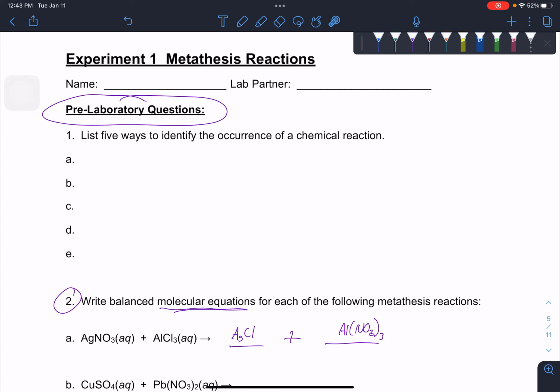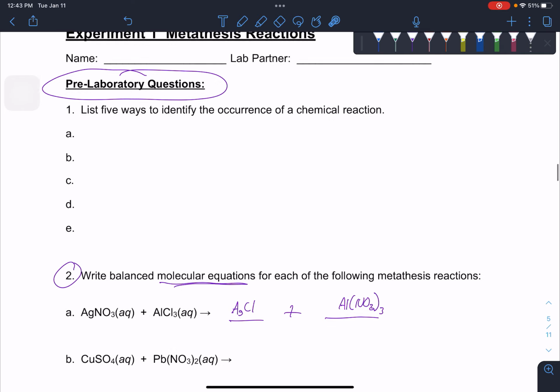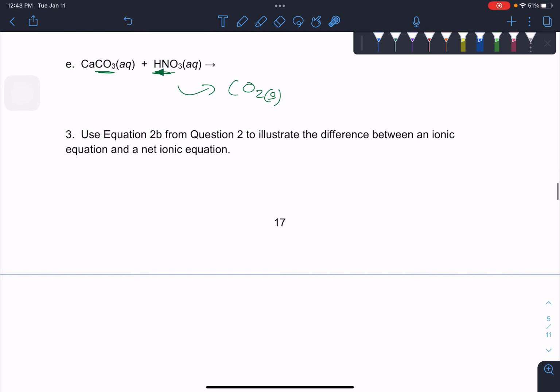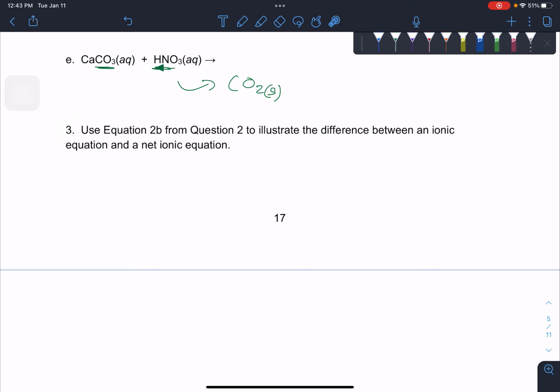They're listed in the pre-lab, and it'll be more than just what we're doing in this particular lab. I think temperature change is probably one of the things listed. The temperature changes occur in these, but they're so small that I don't know if a thermometer would even pick it up. Doesn't the temperature technically change when a solvent dissolves something as well? Yeah, so that doesn't necessarily indicate a chemical reaction.